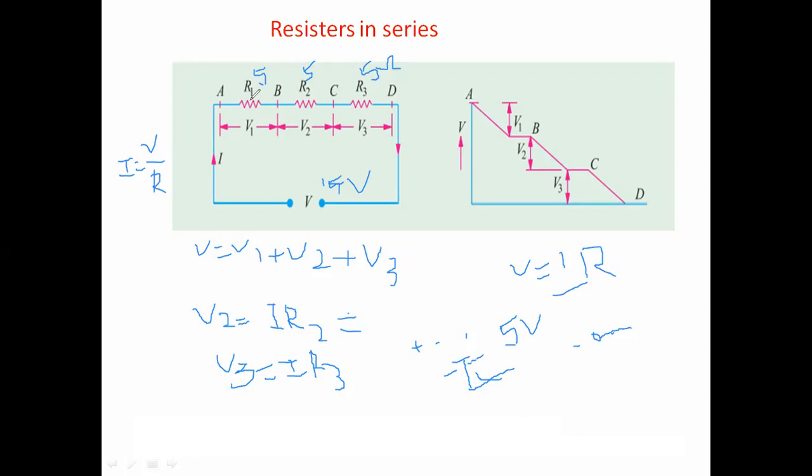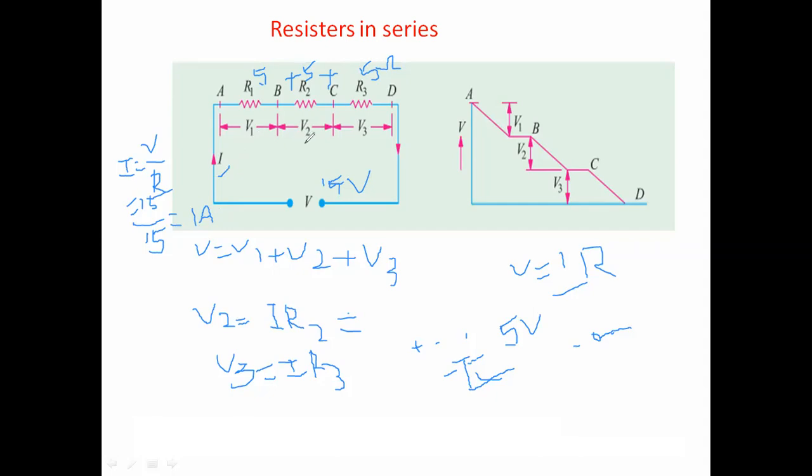Each resistor is added, so that is 5 plus 5 plus 5, which becomes 15. The total applied voltage is 15, and the total resistance connected is 15 ohms. So that becomes 1 ampere of current. This is the current line.